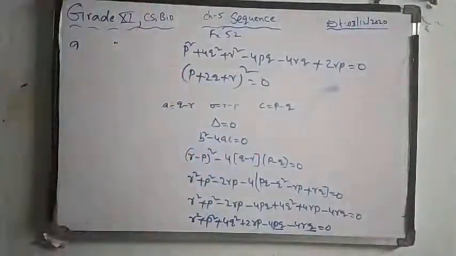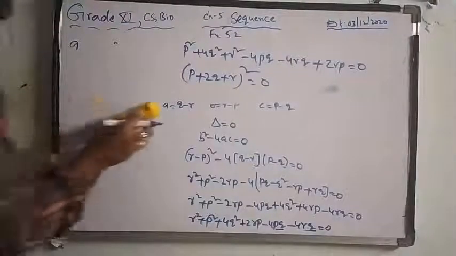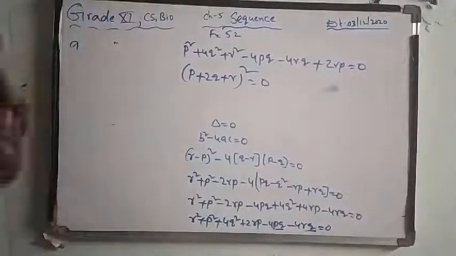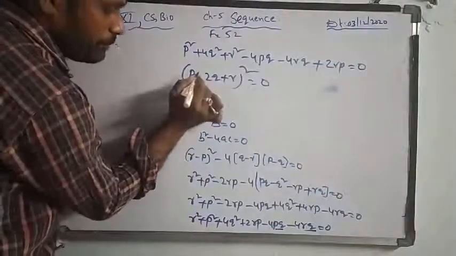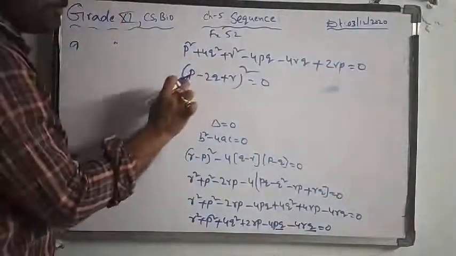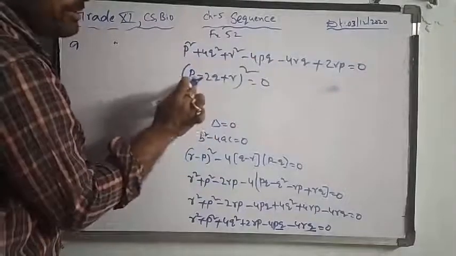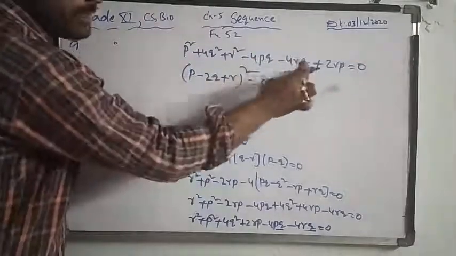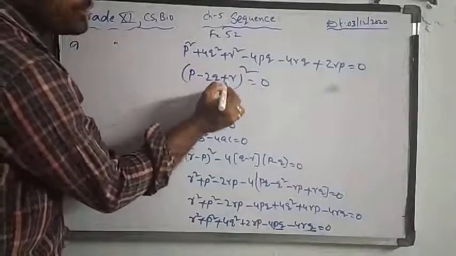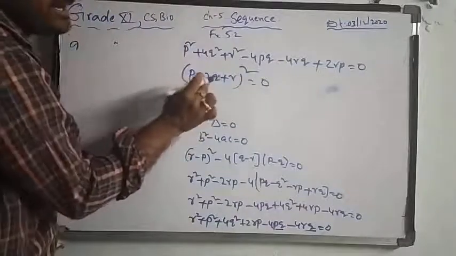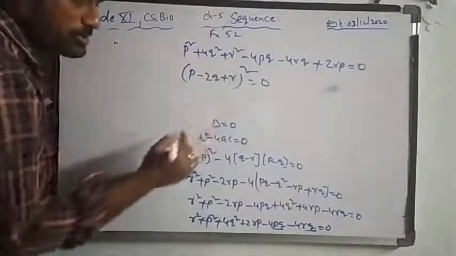It will be equal to 0 when all are plus symbols. But here there are negative symbols for both. So if I put minus here, pq minus is satisfied and qr minus is also satisfied and rp plus is also satisfied. Therefore (p minus 2q plus r) whole square, that is (a minus b plus c) whole square, is equal to 0.